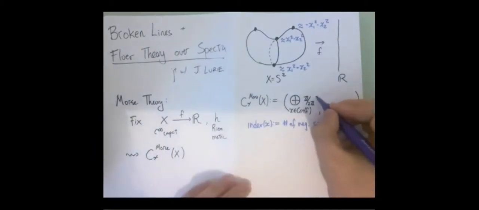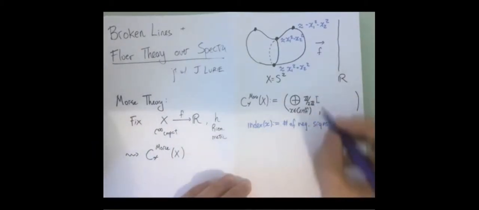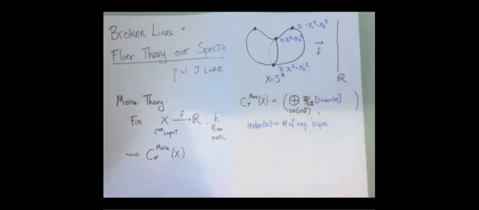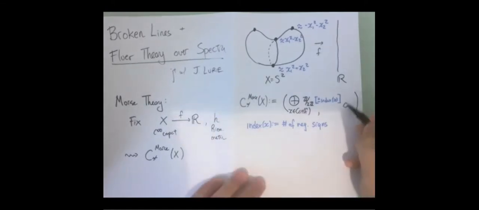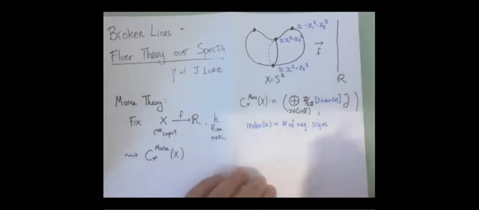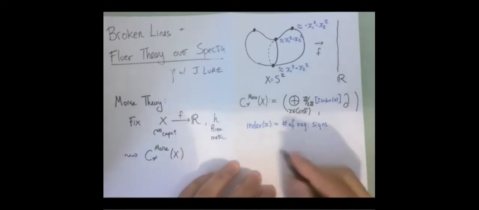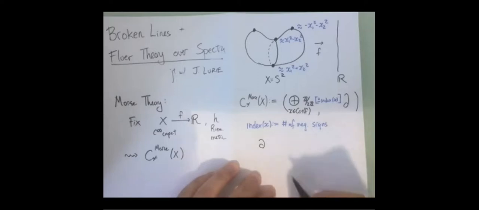And what I'm going to do is shift, and I always get the convention wrong, so please forgive me. I'll just write plus or minus the index of the critical point x. So that's the grading that everything is in. As I mentioned before, of course, for a chain complex, I need a differential. So how do I define the differential? Let's say that I have some critical point, say x.